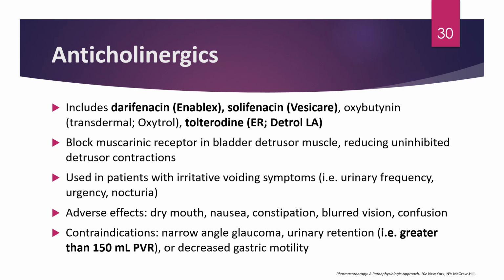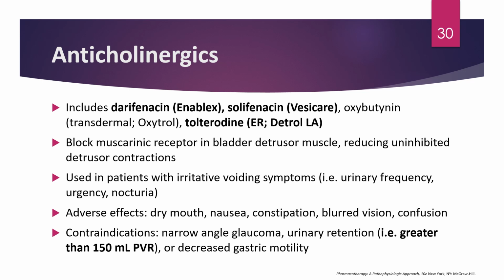In regards to our anticholinergics, those include agents such as darifenacin or Enablex, solifenacin or Vesicare, oxybutynin, transdermal Oxytrol, and tolterodine, which is an extended release formulation, in this case Detrol LA, specifically for purposes of using it for BPH. And obviously there are more anticholinergics that are present. However, these are the ones that your text actually lists.